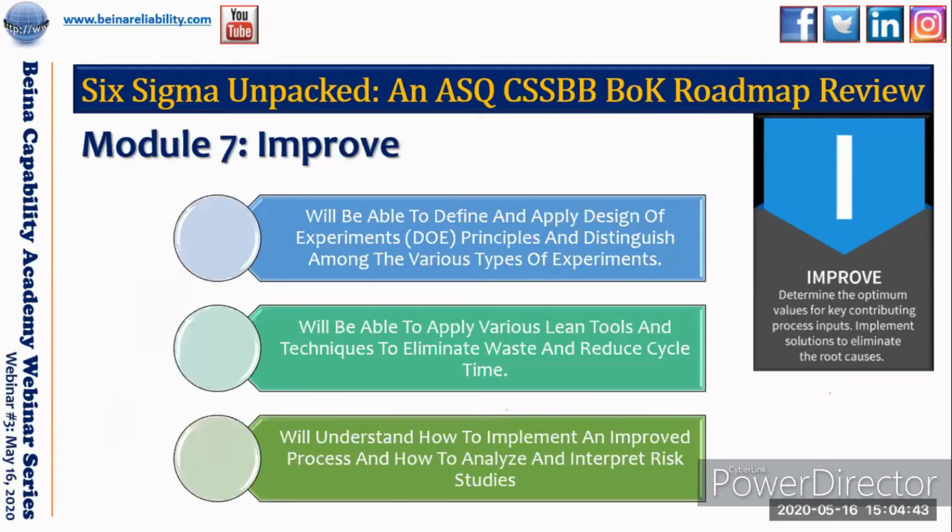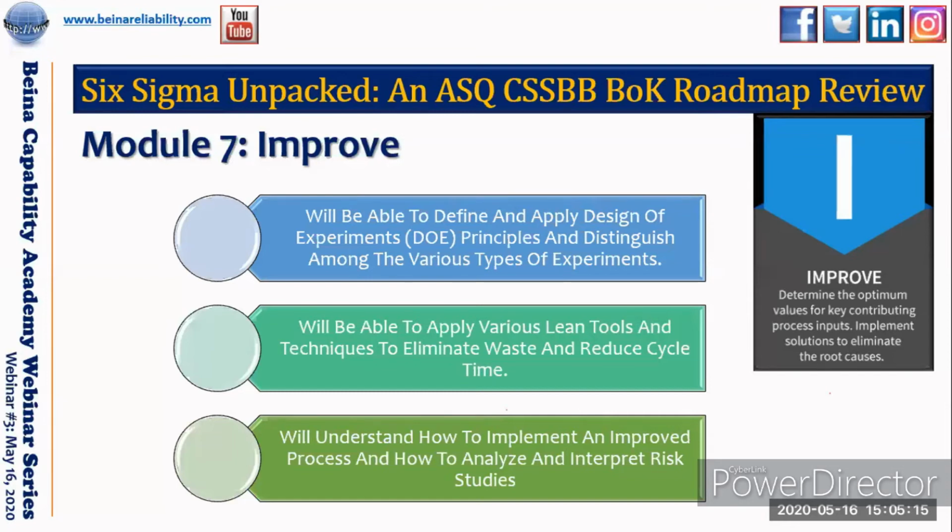Then improve. You must be able to show that you understand and can apply design of experiment. Design of experiment, to put it simply, is you setting or changing the conditions of a process to check the output. You keep some part of the process constant while you tweak some to see where the source of variation is coming from.